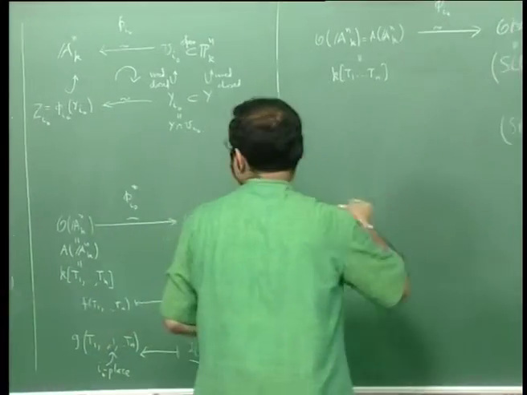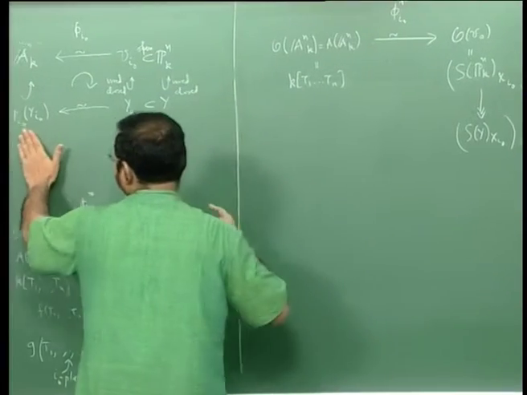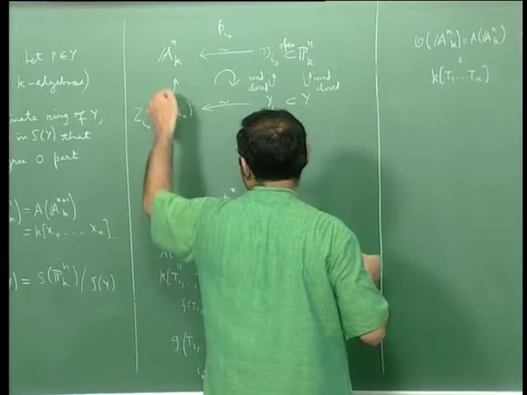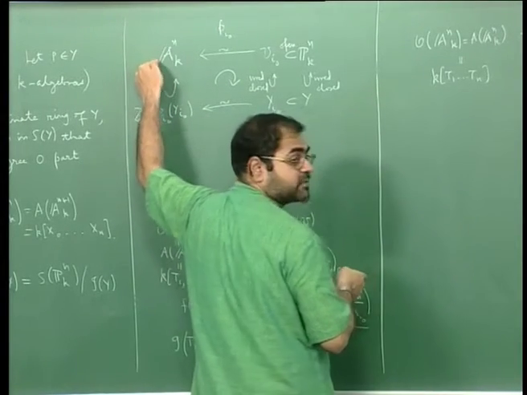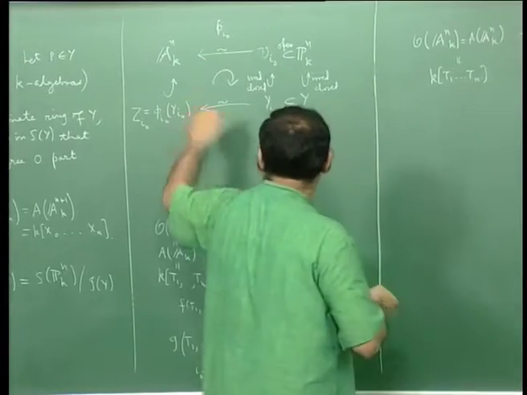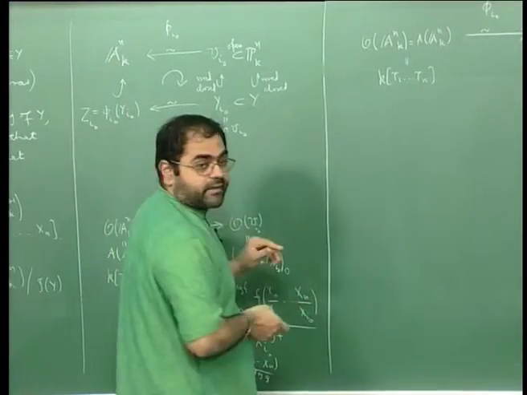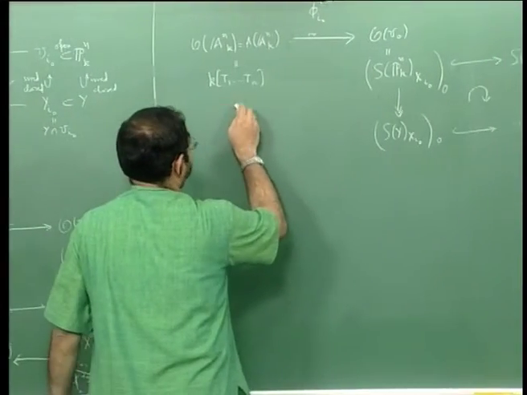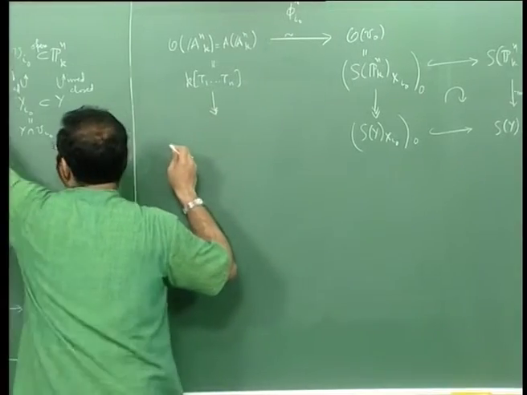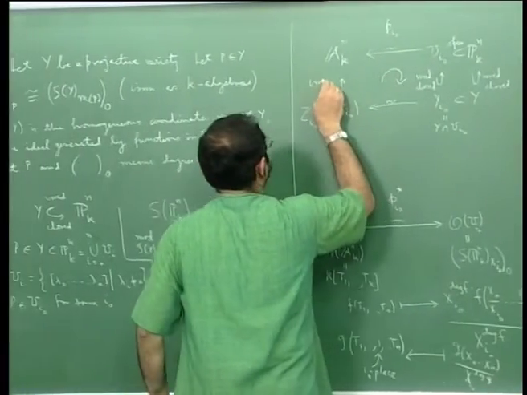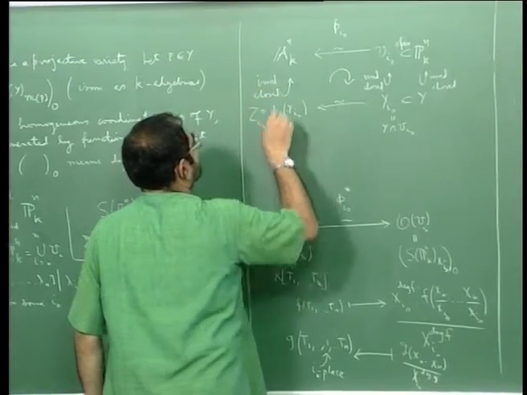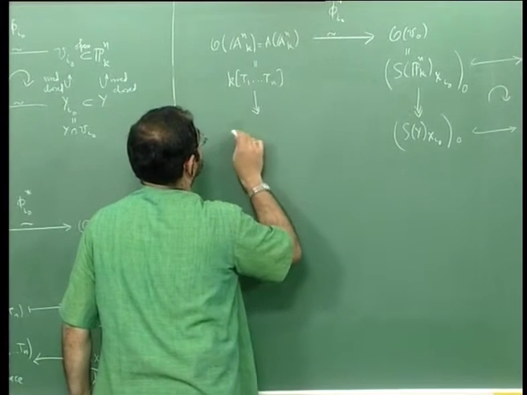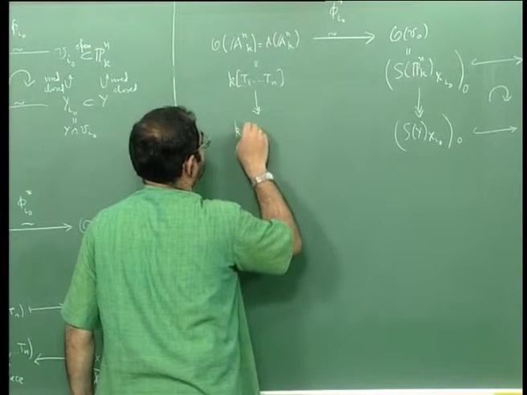On the other hand, what's going to happen on this side? Zi naught, which is phi naught of yi naught, is an irreducible closed subvariety of the affine space. So its coordinate ring is going to be given by the coordinate ring of affine space modulo the ideal of Zi naught. This irreducible closed set is going to correspond to a quotient, which is k t.